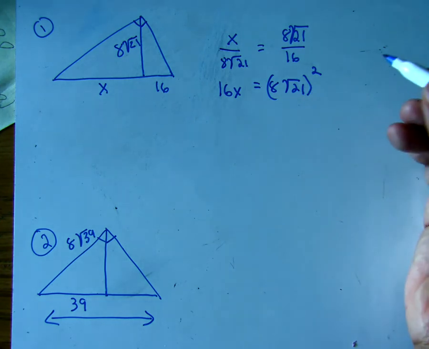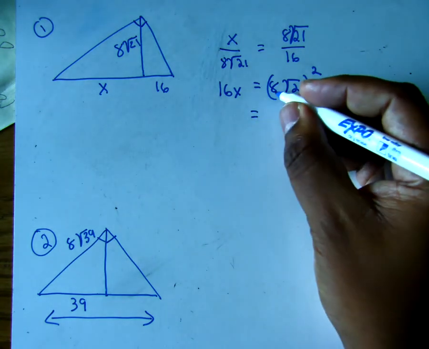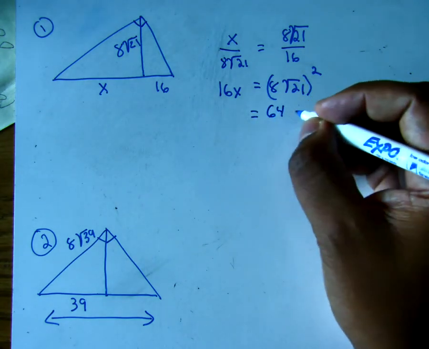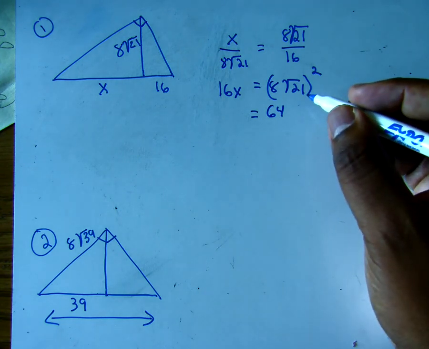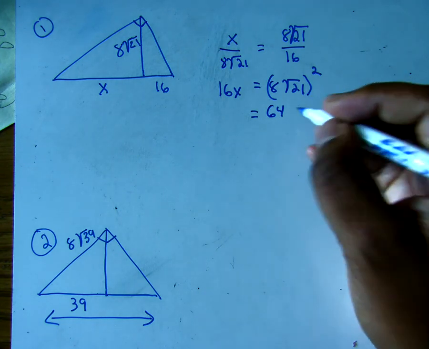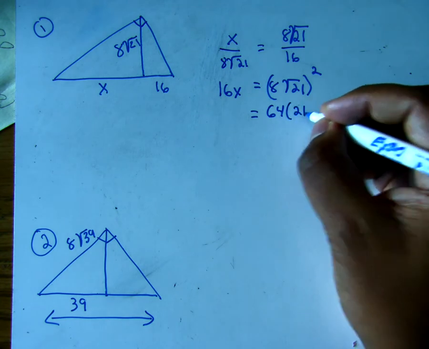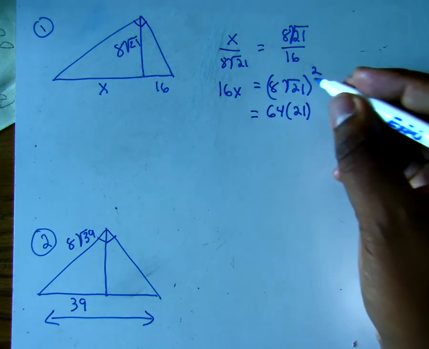So that's 8 times 8, which is 64. But to deal with the radical, you're going to multiply the square root of 21 times the square root of 21. And that's going to get you 21 without the square root sign.